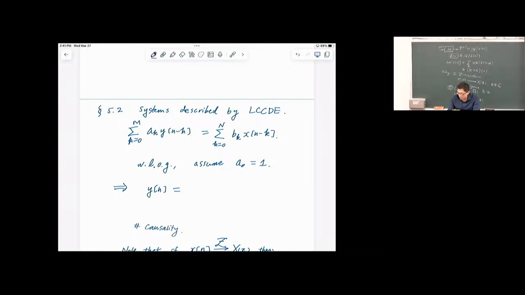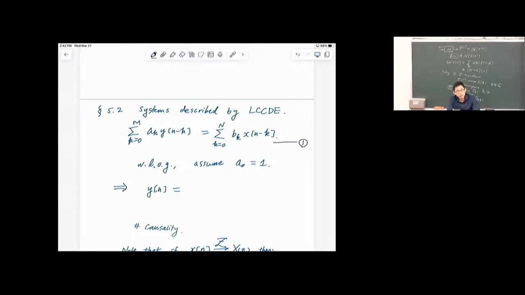Here we are going to officially introduce systems described by linear constant coefficient difference equations, which is this equation. Call it equation 1.